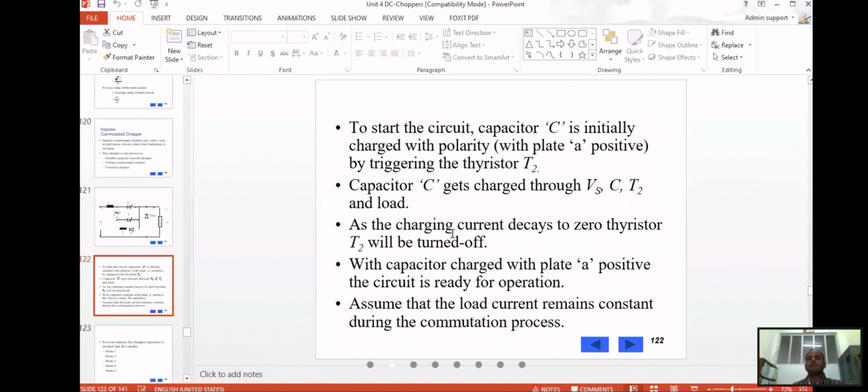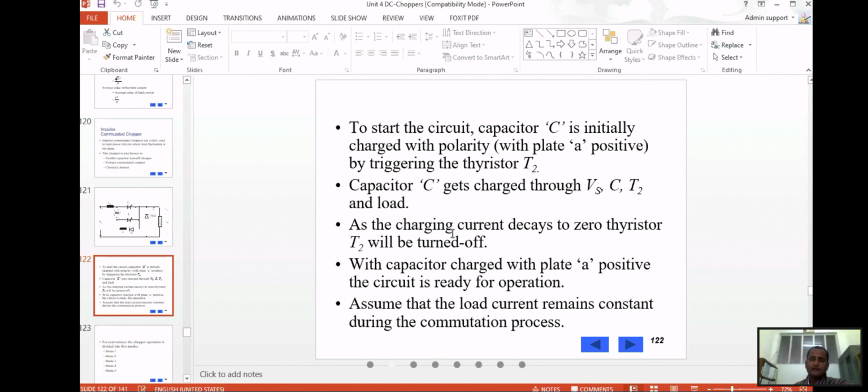The capacitor gets charged through B, S, C, T2. These are the sequence. As the charging current decays to zero, thyristor T2 will turn off. So with the capacitor charged with plate A positive, the circuit is ready for operation.